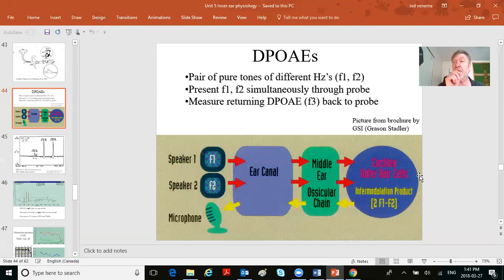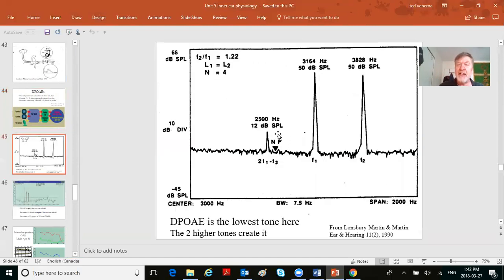So 2,000 minus 1,220 is 780 hertz. So that's the tone that's going to be coming out. And that's the relationship always. These two frequencies separated by a ratio of 1 to 1.22, and then the tone that comes out is 2F1 minus F2.